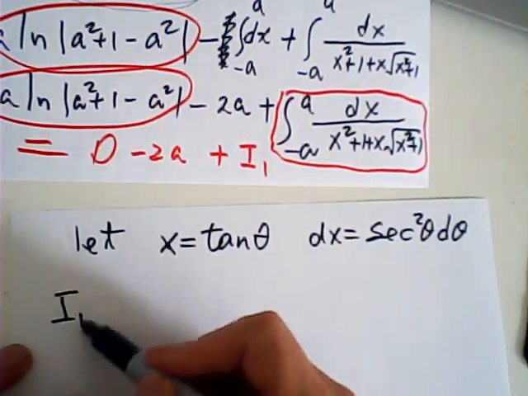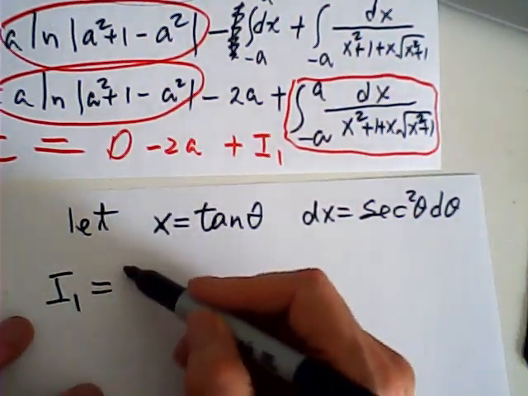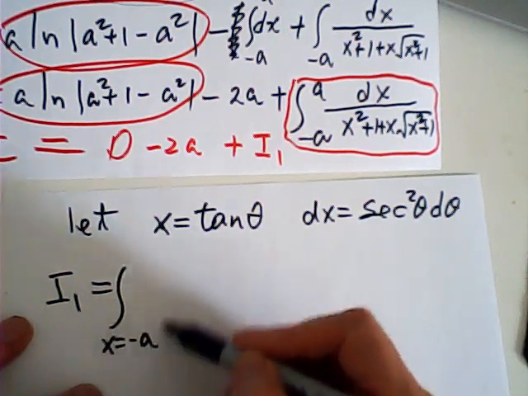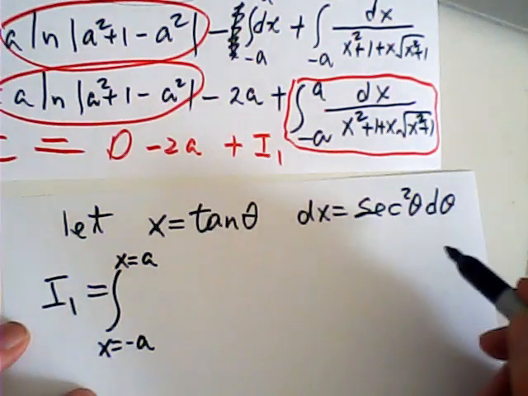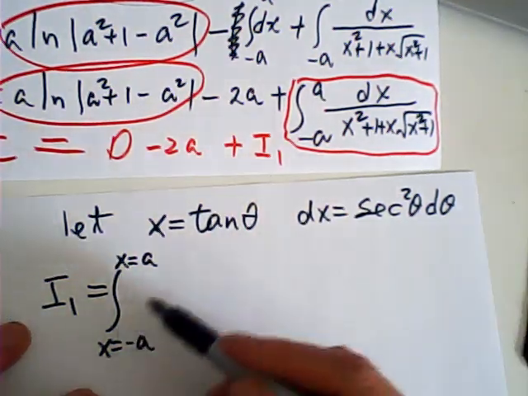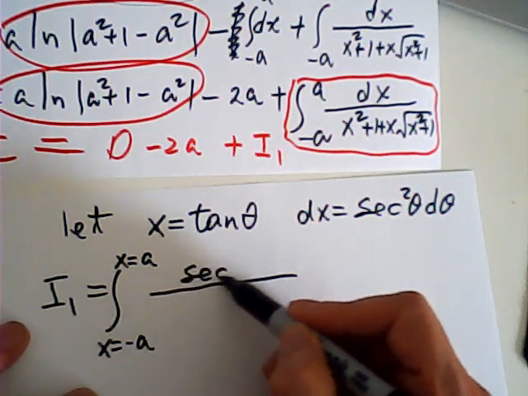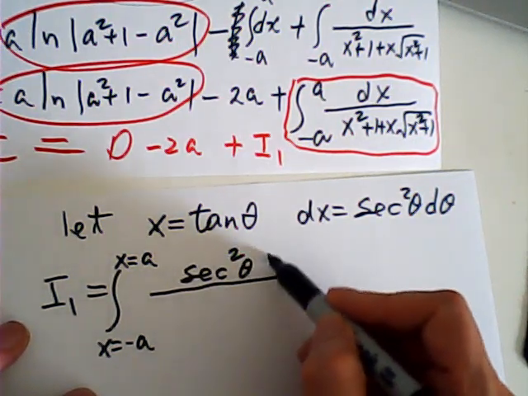So my I1 is equal to the integral, right? x from negative a to a. I don't convert a to theta, I just keep it as x. So this one is equal to secant squared theta d theta.